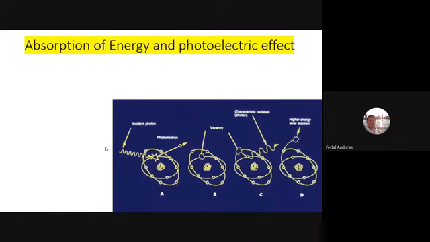Absorption of energy and the photoelectric effect. This is the second thing that will happen. What we mean by absorption is interaction with a highly bound inner electron. Again, don't be confused. We talked about how we produce X-rays, by electrons hitting the inner bound electron and ejecting it, and at the end, an X-ray will be the result.